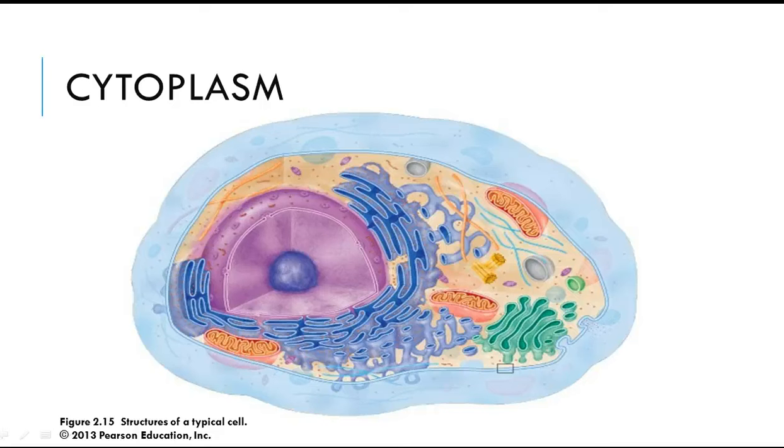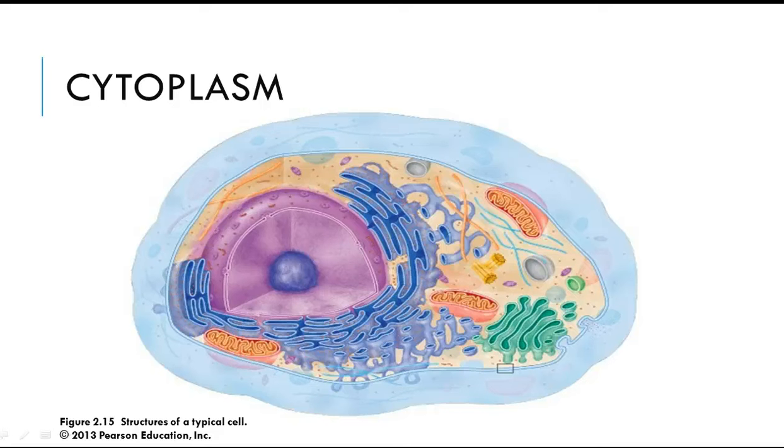The cytoplasm includes three primary components. The first major component is the organelles, which we'll go through and address in a second.